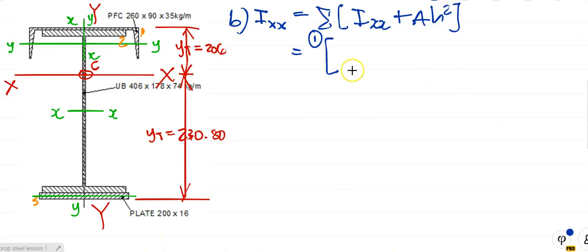It's 3.53 times 10 to the power 6. If you leave that bit out, it's going to be wrong. Okay? If you leave that exponential bit, it's going to be wrong. Plus the area. What's the area of the channel? It is 440. Yes, for those who remember, 440 times the distance squared. What's h? Are you tuning in?